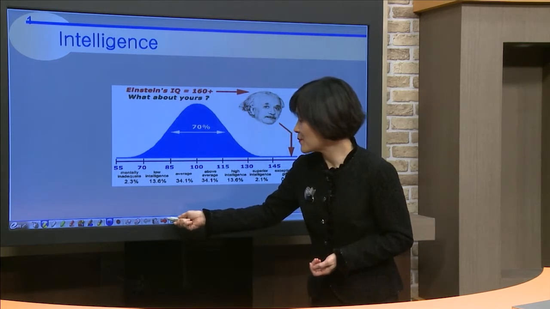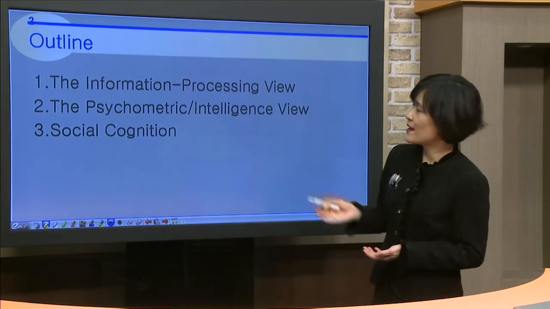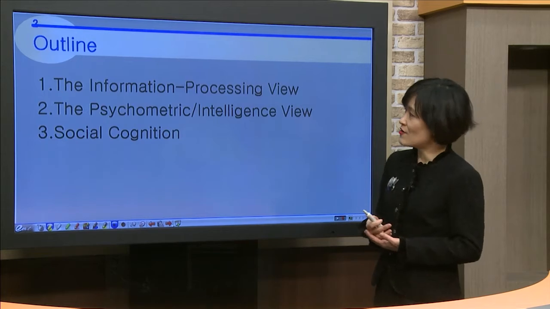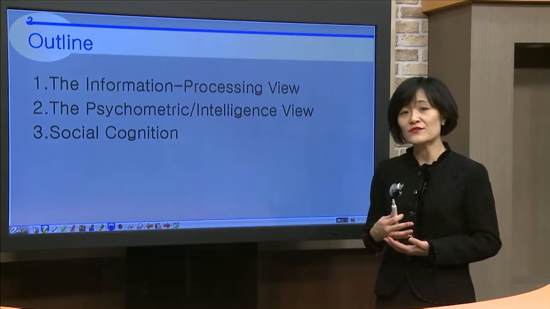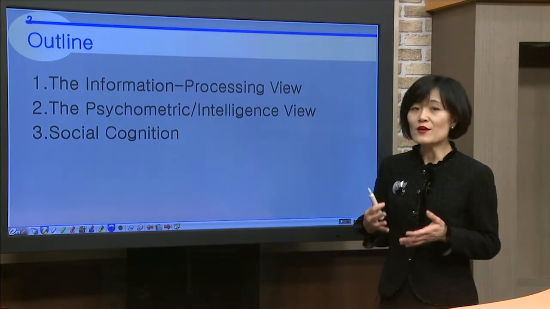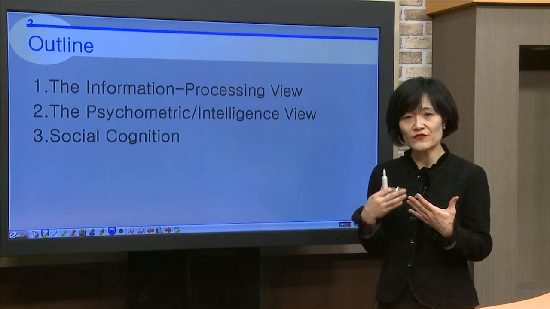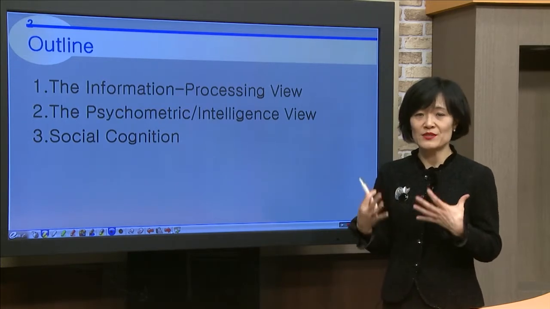So that is the basic content for today, and this is a brief outline of today's lecture. First, we are going to think about the information processing perspective, meaning what kind of procedure is involved when we get information visually or auditorily, and then what kind of process happens in our brain.